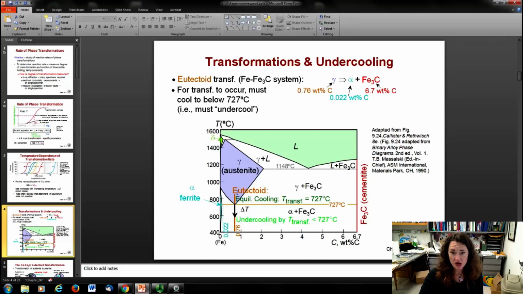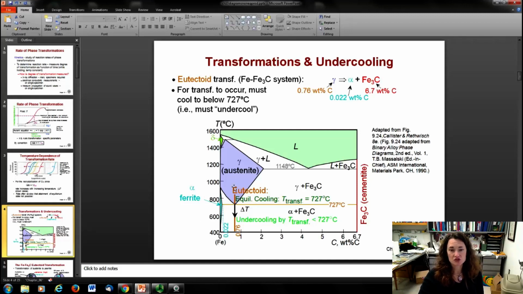Now, this transformation right here is a eutectoid isotherm that happens at 727 degrees Celsius. Okay, so that's the eutectoid line right there, and it's called that because you go from the gamma phase, when you're at this eutectoid concentration, which is 0.76% by weight carbon, to the alpha or ferrite phase plus cementite.